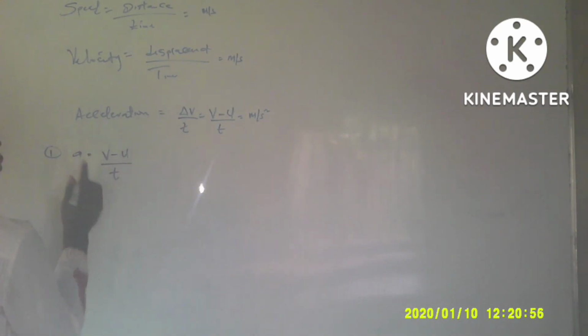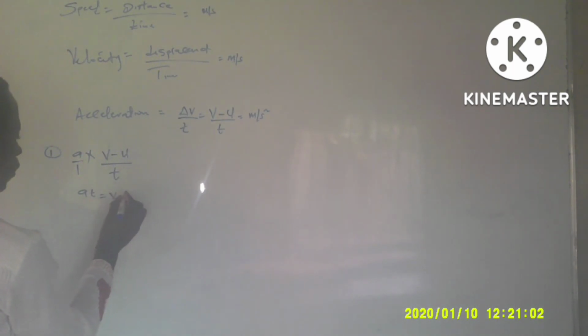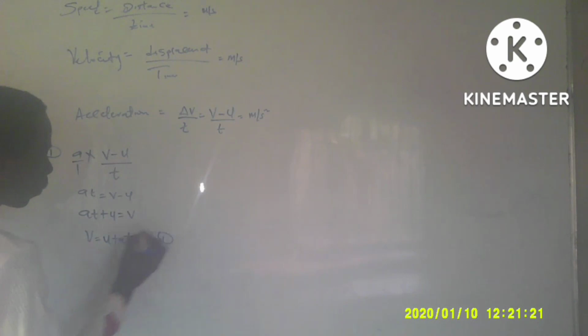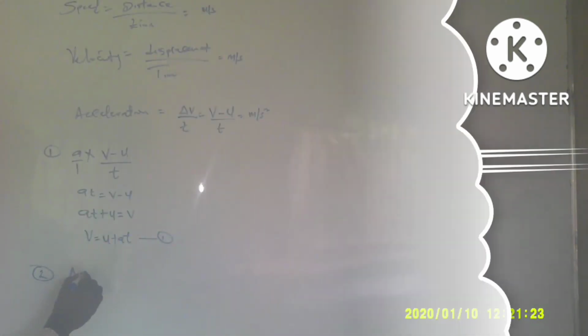This becomes a t is equal to v minus u. Let's make v the subject of the formula. So a t, then minus u goes to the other side as plus u, is equal to v. So v is equal to u plus a t. That's equation 1.